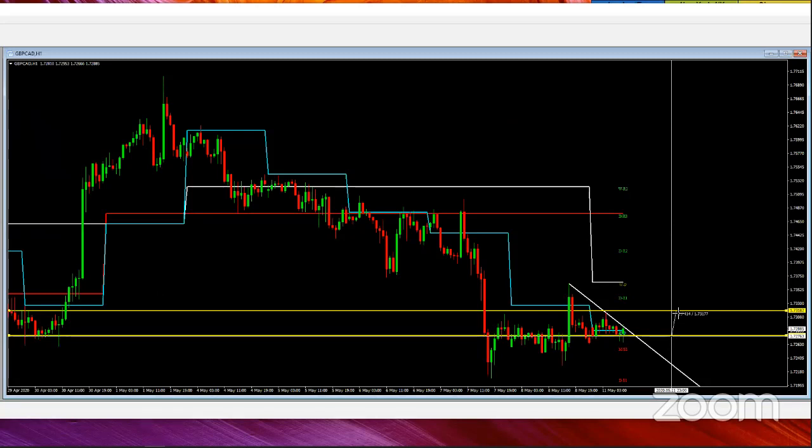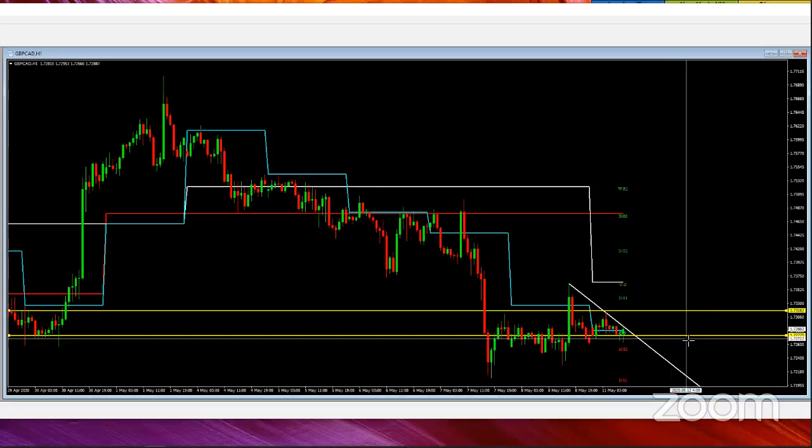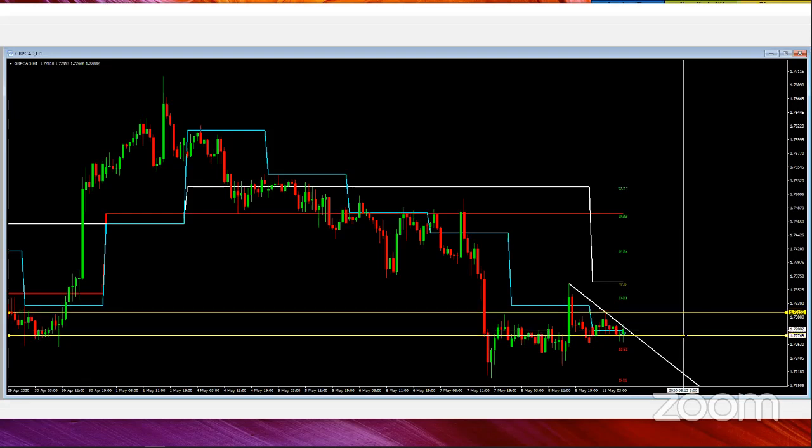So 1.7318, is that right? Yeah, it'd be 318. Let's do that. So 1.7278 to 1.7318 is the stop loss.